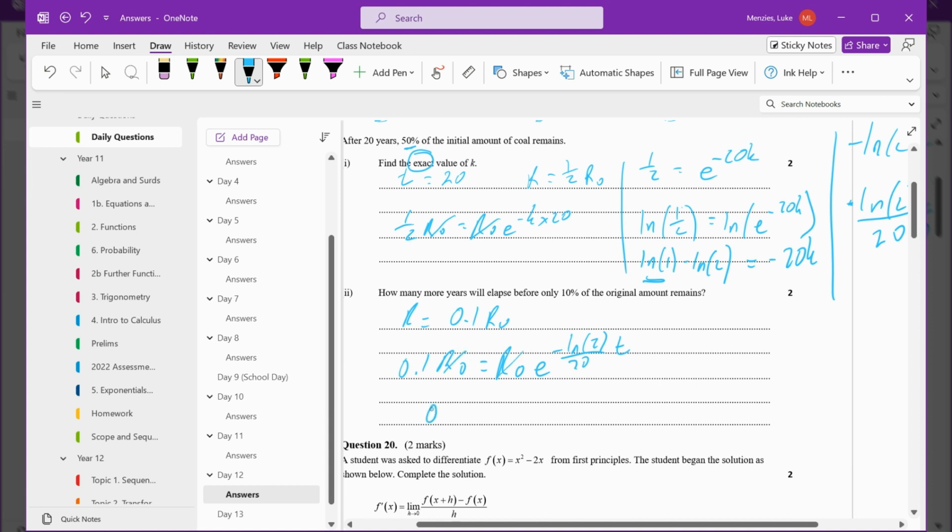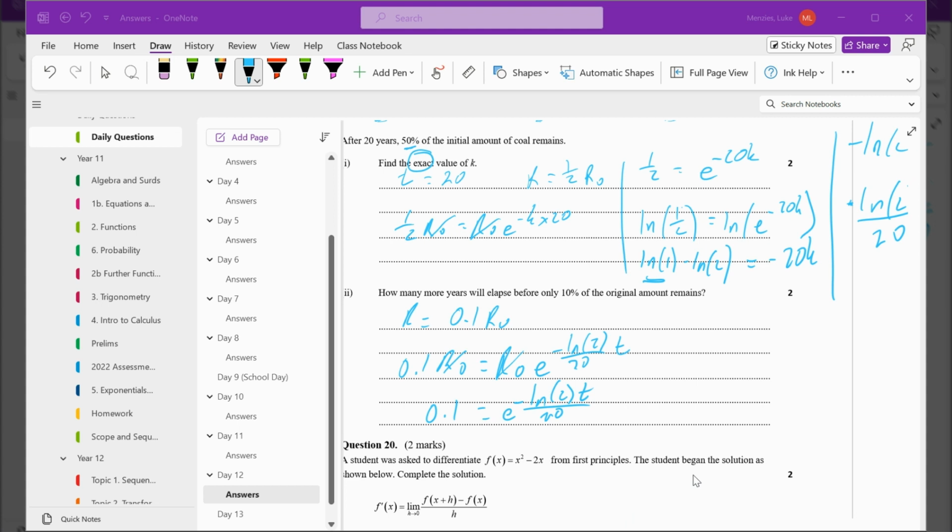So we've got 0.1 is equal to e to the minus ln of 2 t on 20. Then again, what are we going to do? We'll hit both sides of that with ln.